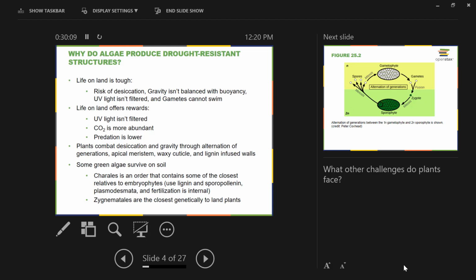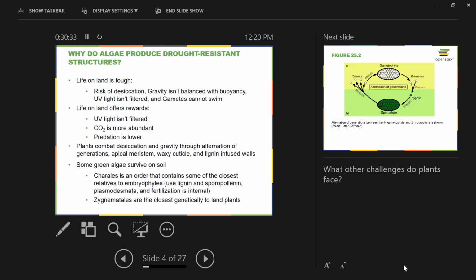Once you start finding plants, you find a whole bunch of different types. And you find green algae in the fossil record later than you do plants. It's kind of strange. So trying to tell the story from the fossil record is tough. It's not really helpful.